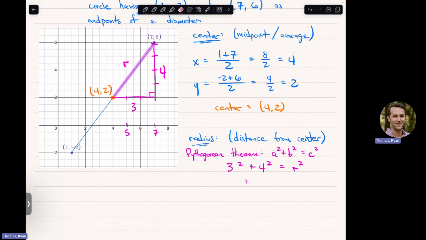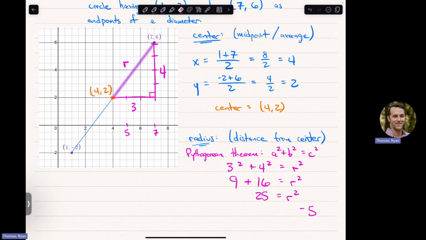So again, having the graph there actually kind of messed me up. Okay, so over 3, up 4, so 3 squared plus 4 squared, 9 and 16, which is 25. So r squared is 25. That means that r, the radius, is 5.